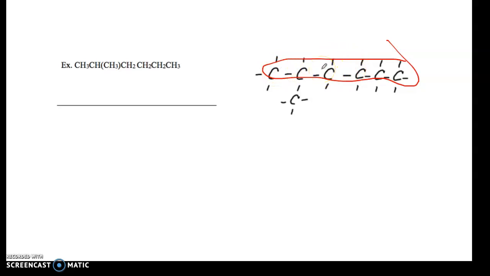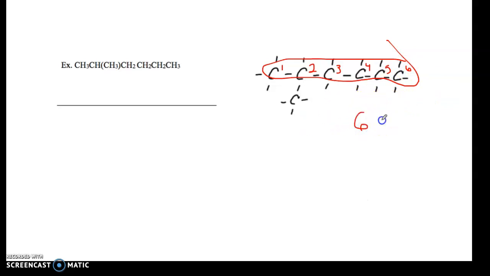Like I said, I like starting to number from the side that is closest to whatever I'm going to find later on. Because this side is closest to the branch, I'm going to start numbering from this direction. If it was over here, I'd start numbering from there. So we have 1, 2, 3, 4, 5, 6. We have 6 carbons.